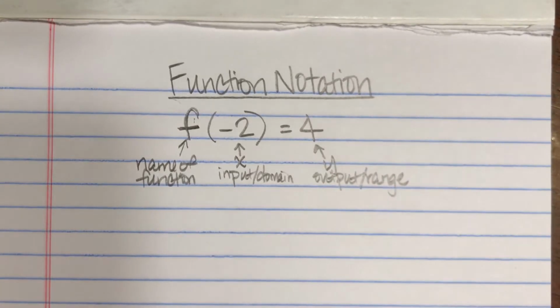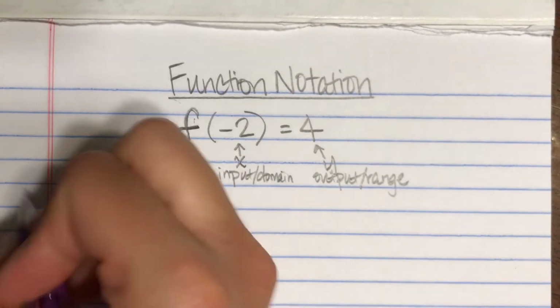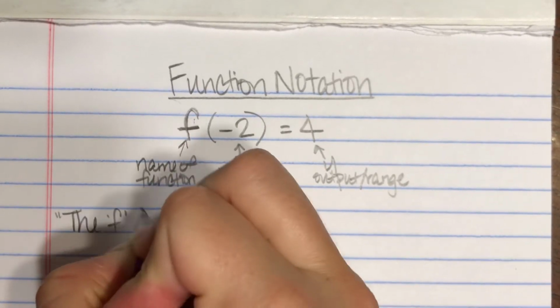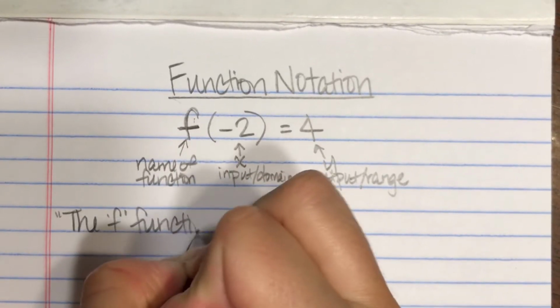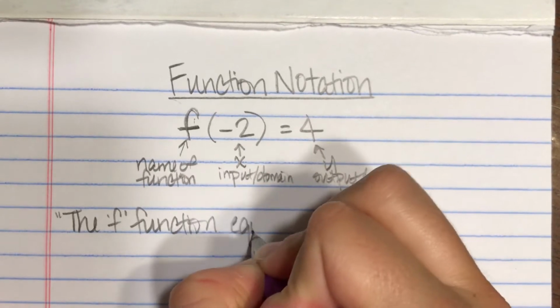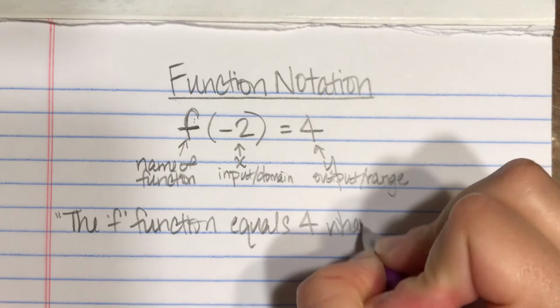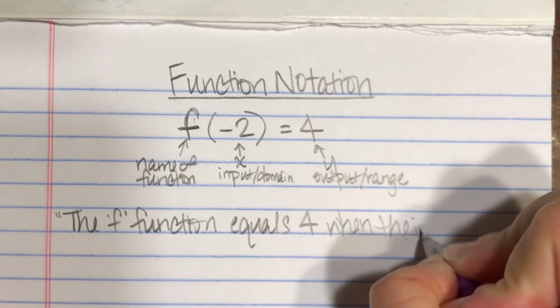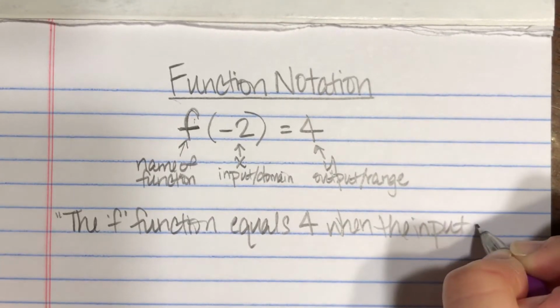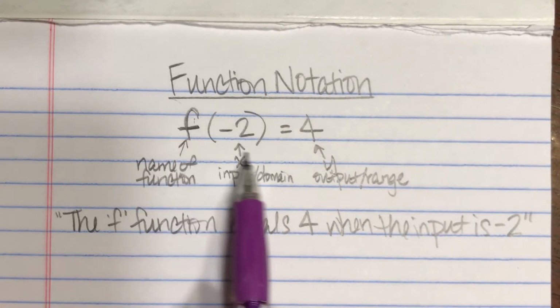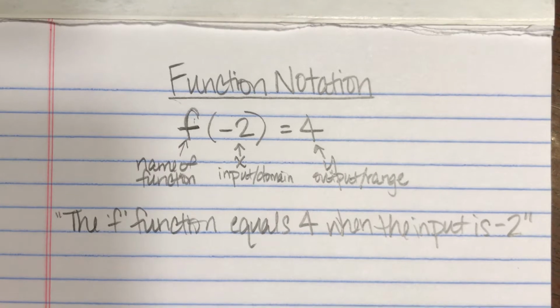And what this is telling you is it's just a way to write that the F function equals 4 when the input is -2. So this one little written mathematical statement gives you a lot of information.